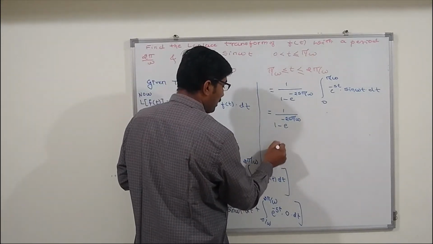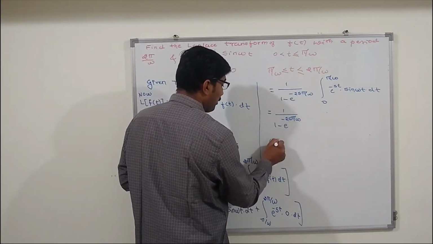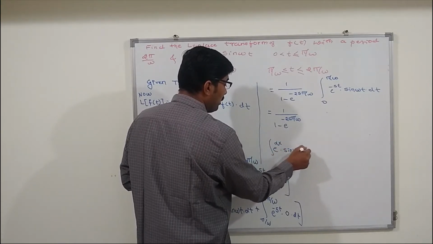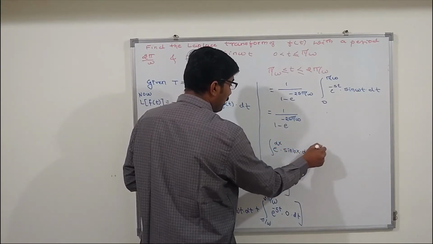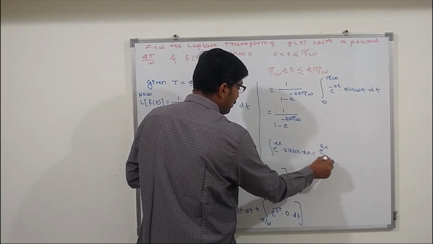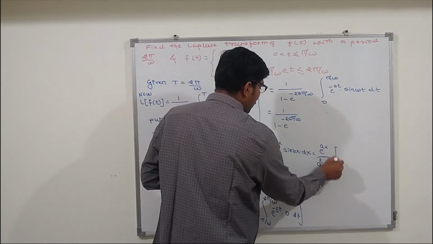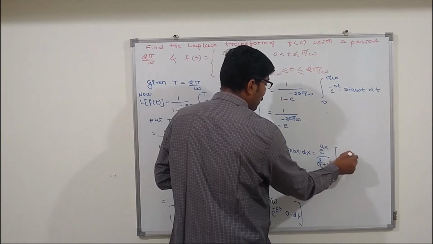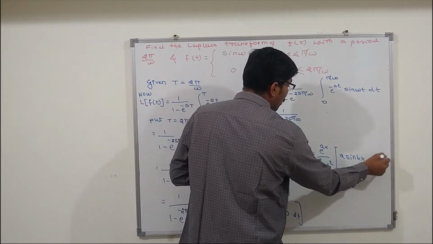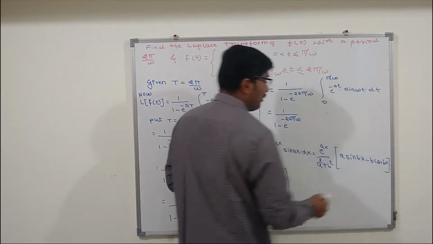Write that formula: integration of e raised to ax into sin bx into dx is e raised to ax divided by a square plus b square into bracket a sin bx minus b cos bx. So this is the formula.